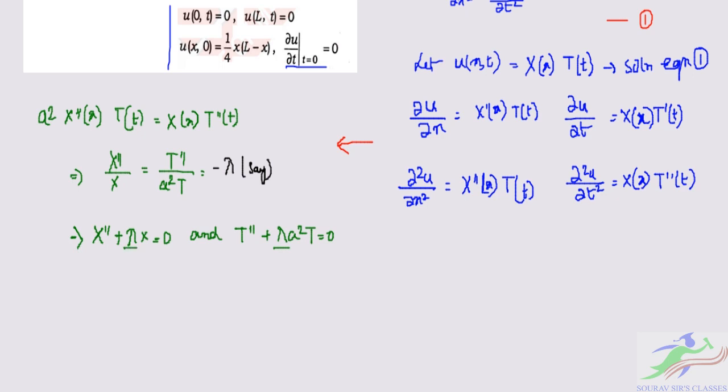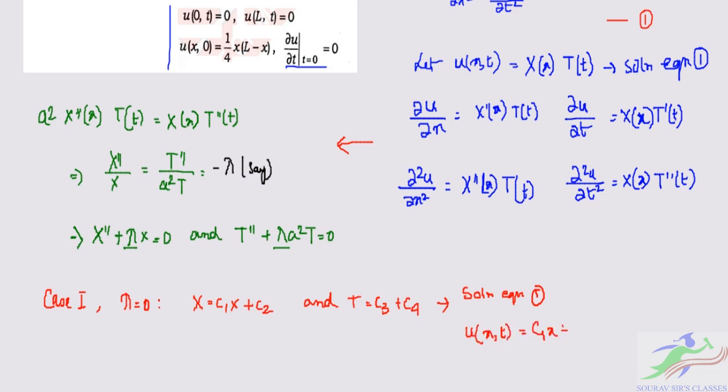So we will take case number 1, where lambda is equal to 0. So X is c1 x plus c2, and T is c3 t plus c4. The solution to equation 1 will be u of x comma t equals c1 x plus c2 times c3 t plus c4, right?